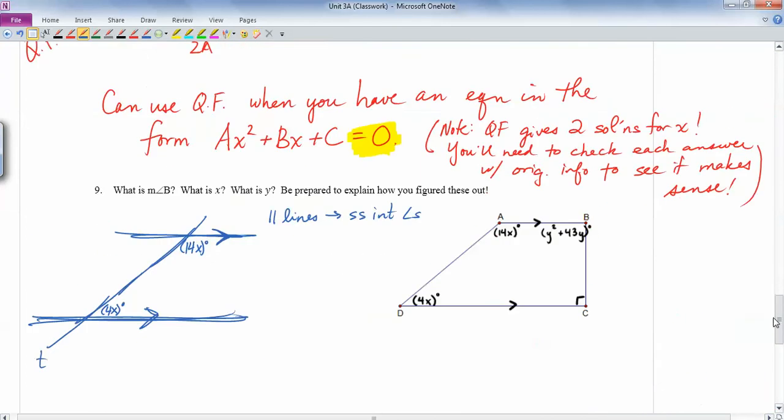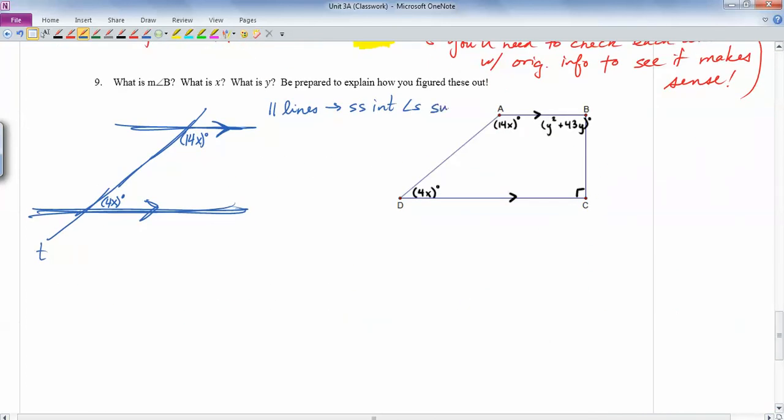So I know that these two guys are going to be supplementary. So to solve this, I'm going to say, well, 14x plus 4x has to be 180. Well, that's 18x equals 180. So x is going to be 10. And then we're done. You can plug it back in. That's going to be 140 degrees. That's going to be 40 degrees, and you're done.